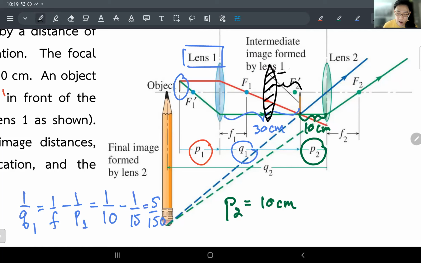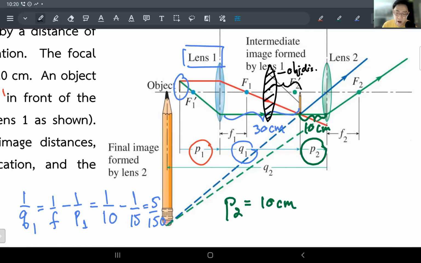It's a negative object distance. You guys with me now? Okay. All right, that's the possibility. So that answers the question that I posed before: when are we going to get a negative object distance? This is when. Usually it will happen when you have a multiple lens system. I mean, you have a chance to deal with a negative object distance.